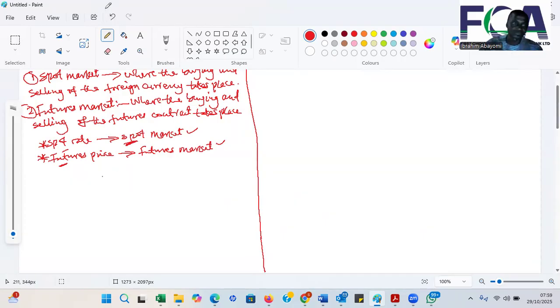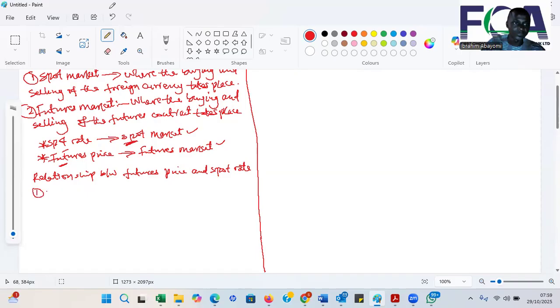And what's that? The relationship between futures price and spot exchange rate.